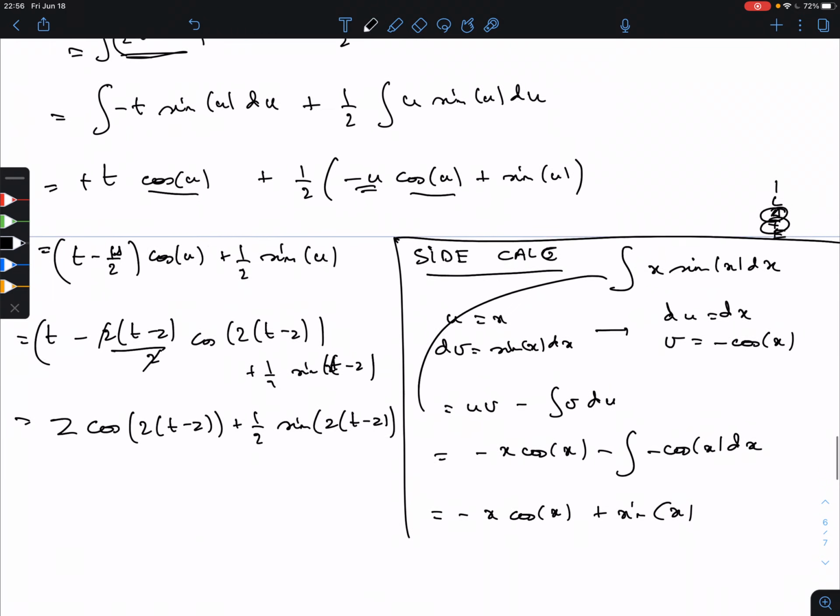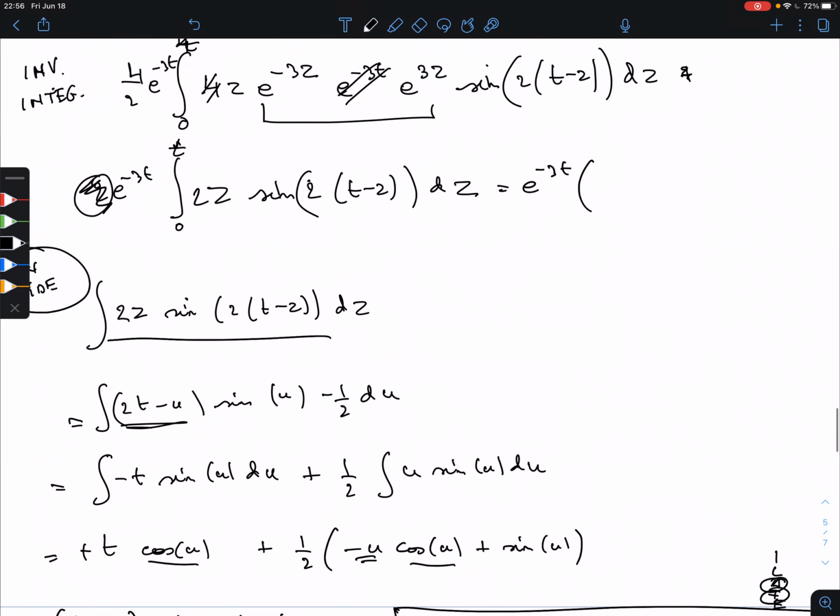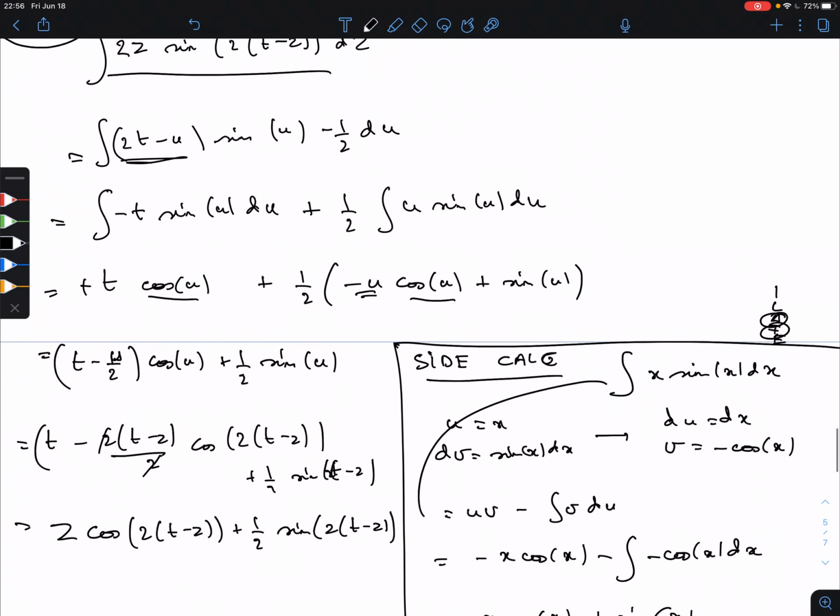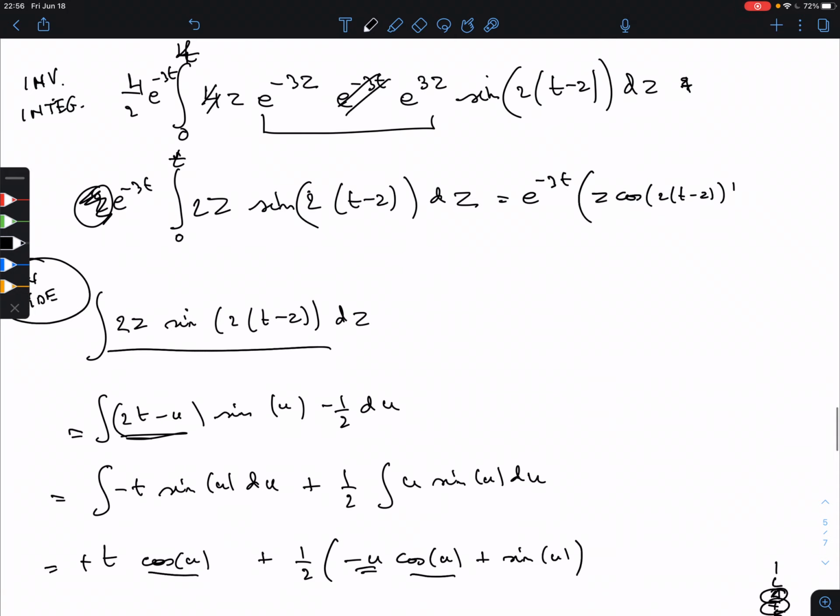This whole thing was equal to z cosine 2t minus z plus a half sine 2t minus z, and that's between 0 and t.